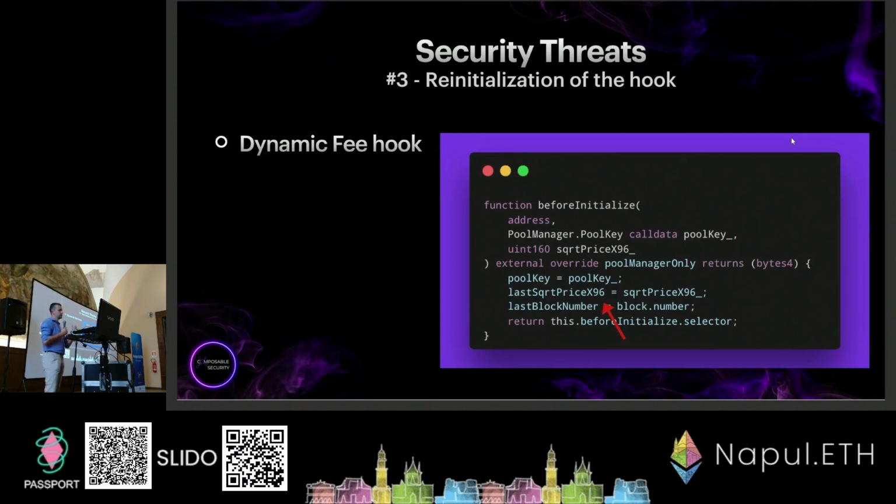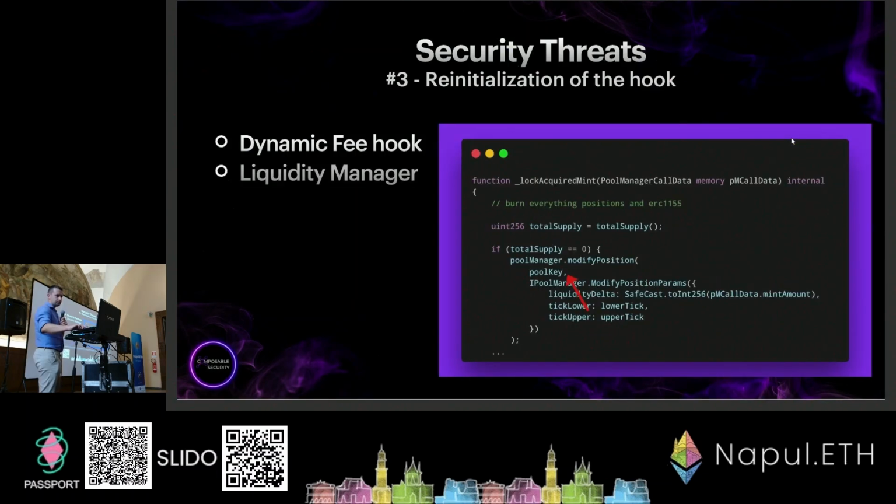We are safe. But what it does, it simply takes some pool key from the pool that is being initialized, their current price, and the block number when it was initialized, right? And also, the hook itself is a kind of pool operator because you can add and remove liquidity through this contract.